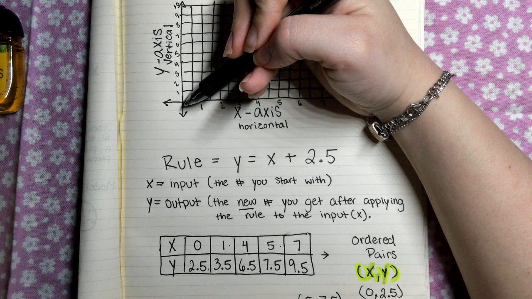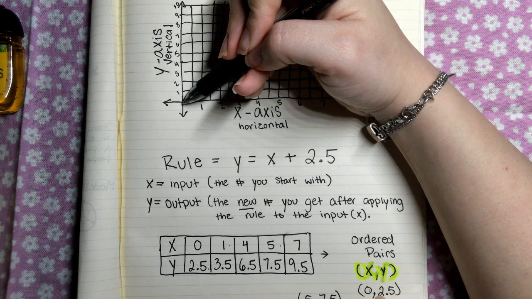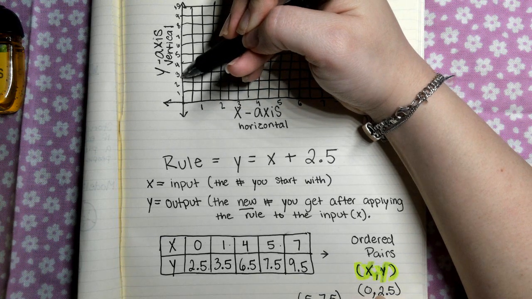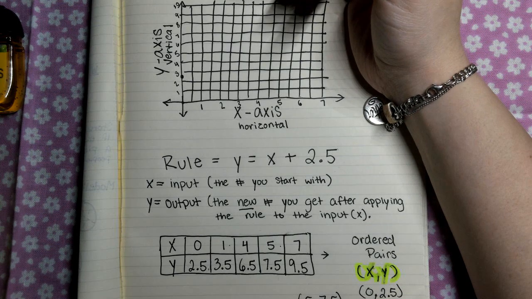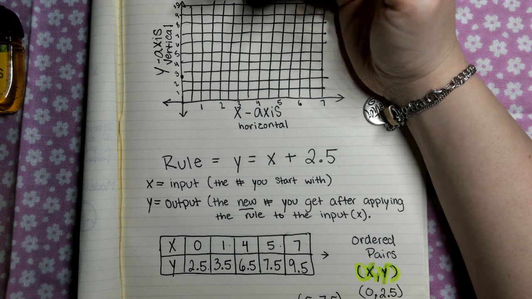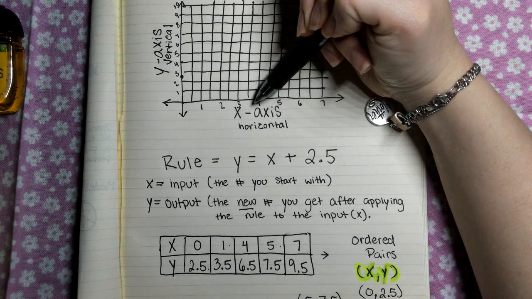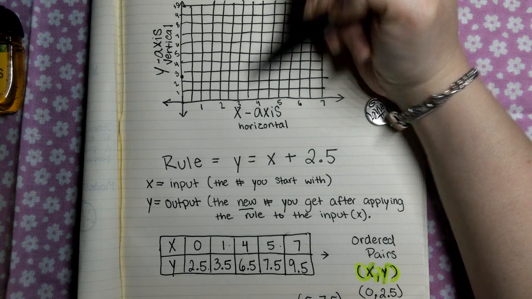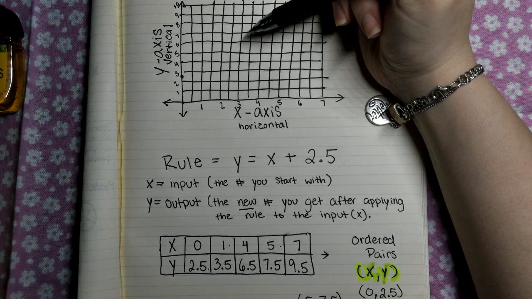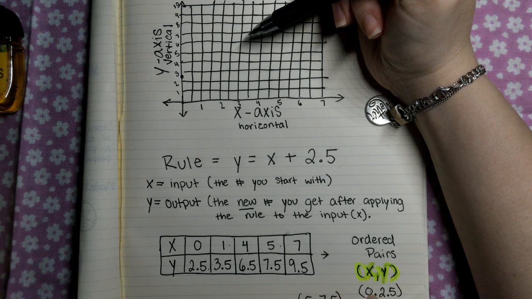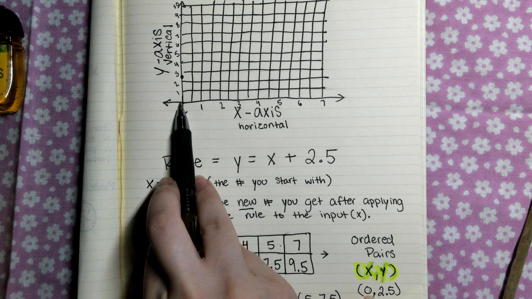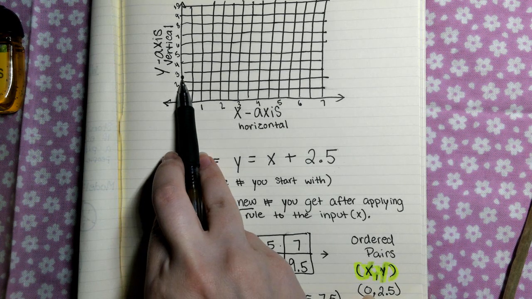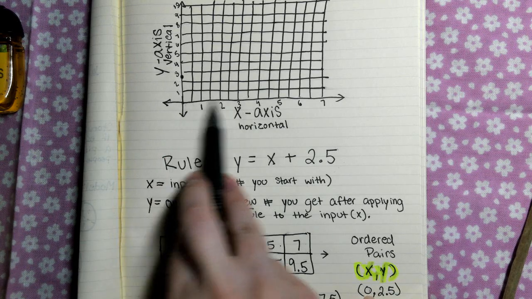But then you go up 2.5, it's right there. I know the kids in my class, we've talked about this like a kind of a hotel problem. You have to go over to the elevator before you can go up the elevator. So this is like if you needed to get to your room, but your room was right at the entrance of the elevator. You wouldn't go over any. You would stay right there and you would just go up. You wouldn't need to go over.